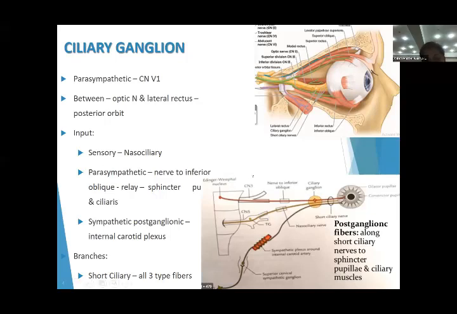अच्छा, अब बताने वाली बात ये है कि इसमें जो sensory fibers हैं, this is the trigeminal ganglion, this is the trigeminal nerve. The sensory fibers are coming via the trigeminal nerve.